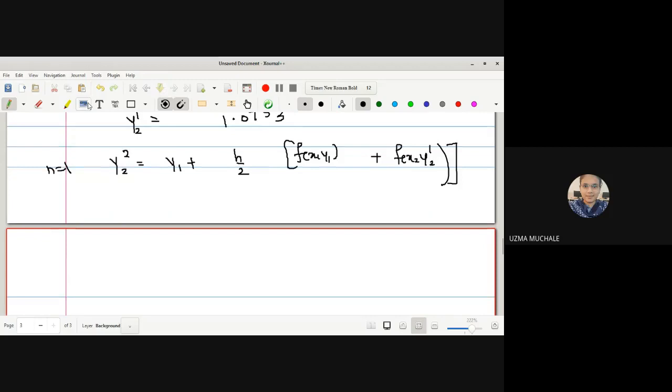Now we know the value of y1, it is nothing but 1.05 plus 0.05 divided by 2 f of x1 y1. f of xy is given, x1 square plus 1. Whatever the value of x1 is, put it up. x2 square plus 1. Put up the values of x1 and x2 and find the answer. x1 and x2 we found while initially solving, na? x1 is 0.05 and x2 is 0.1.